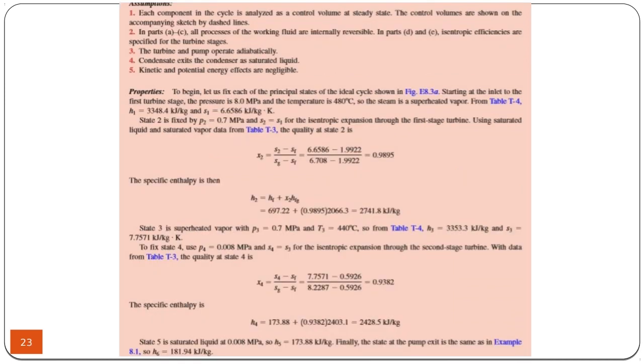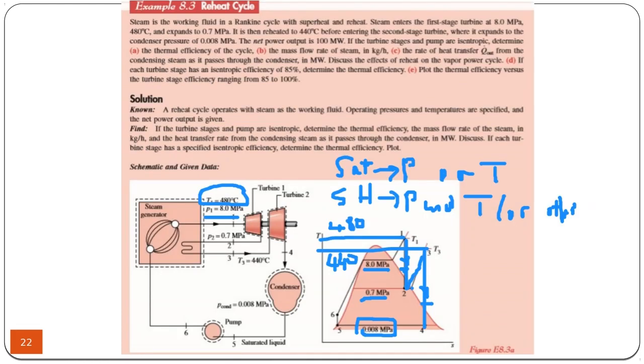So for the first turbine, the high pressure turbine, we can calculate the entropy because it's an isentropic turbine without any irreversibilities, so the entropy at the exit of the turbine is the same as the entropy at the inlet of it.